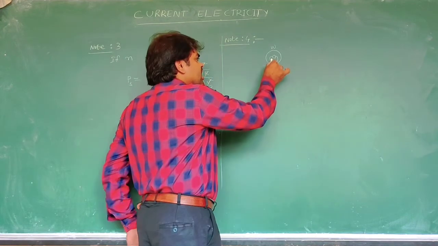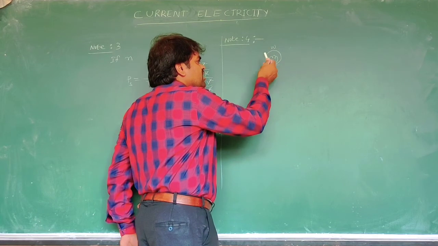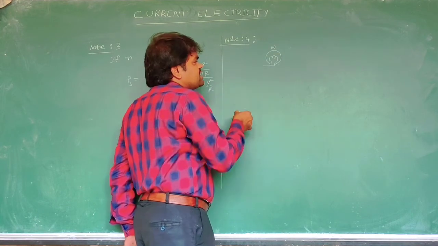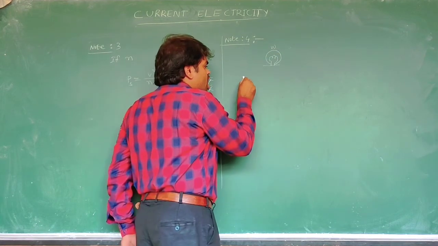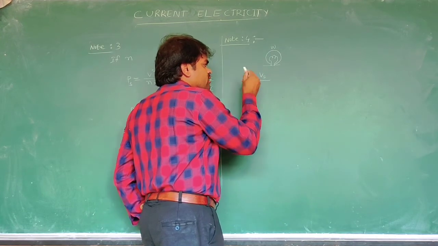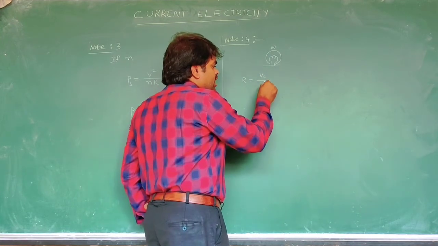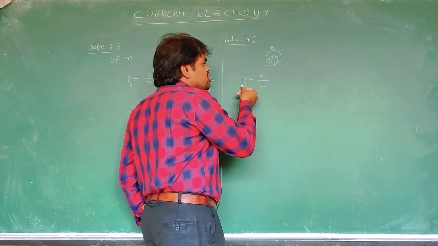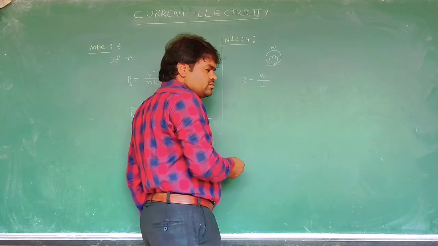That means the electrical resistance of the appliance is constant. That means R is equal to the specified voltage by the current. R is equal to V by I.